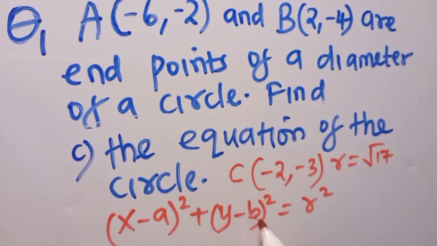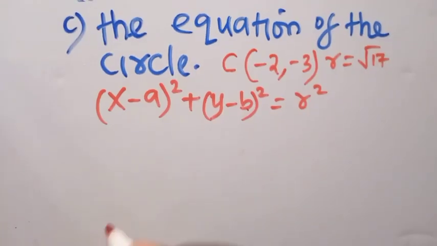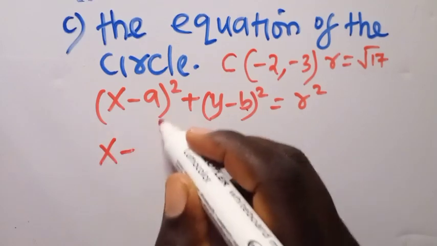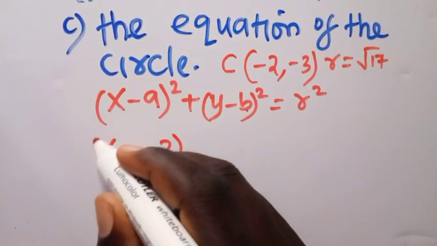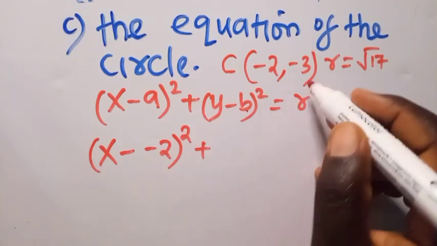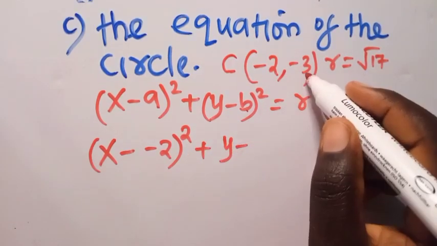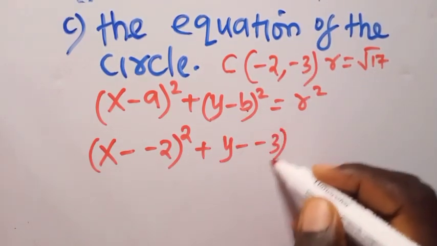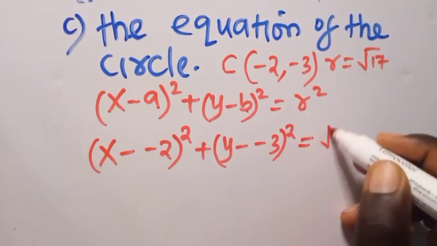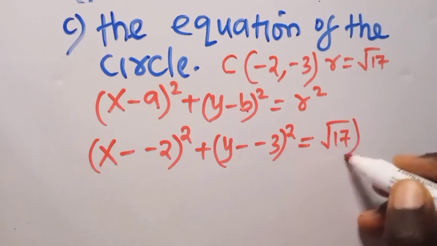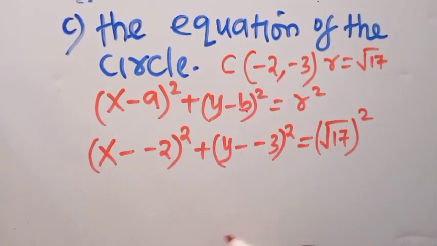Therefore, in this case, we shall have x minus a, which is negative 2, squared, plus y minus b, which is negative 3, squared equals r squared, which is the square root of 17, squared.